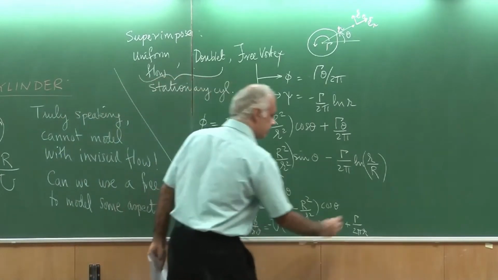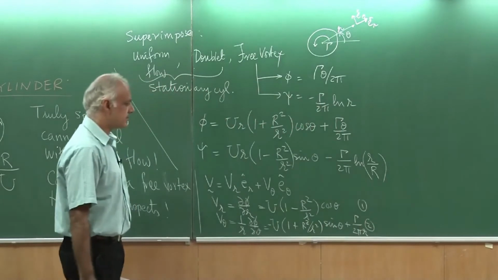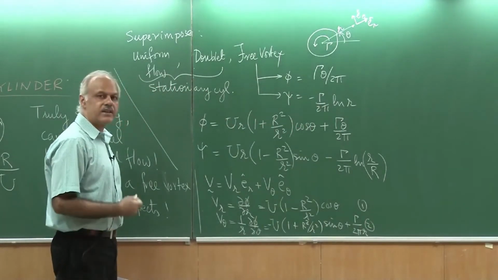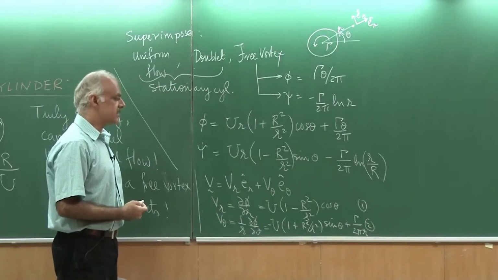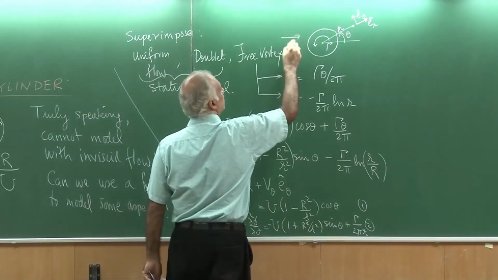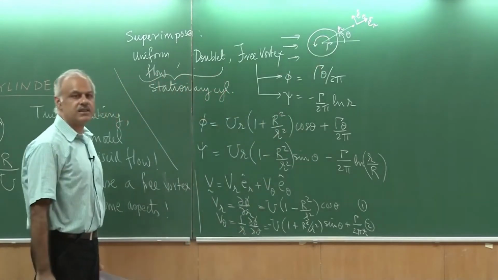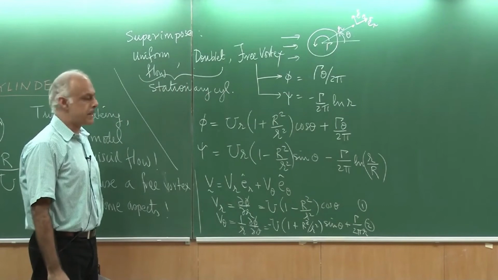Let me call these equations 1 and 2. So I already now have a model of a circular cylinder in a uniform flow, and on it I have superimposed a free vortex.